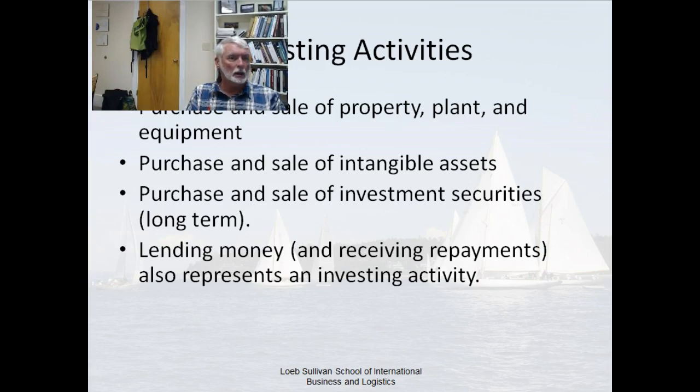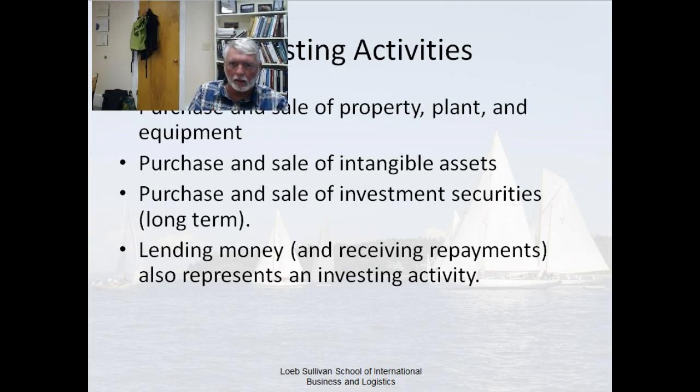However, financial companies have lots of investment securities. So banks, insurance companies, investment banking companies, all of those kinds of things may often have long-term investment securities because they're in the financial business and that's part of their business is owning long-term securities. If we lend money and then receive payments back, that's also an investing activity.